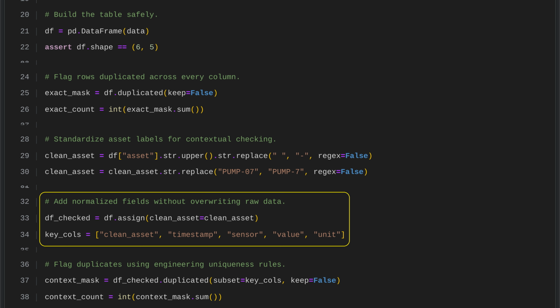Create a checked copy of the original data and add a column with standardized asset labels, so the source data remains unchanged for traceability. Then define the key fields used to detect contextual duplicates, including the cleaned asset label, time, sensor type, value, and unit. These fields set the criteria for identifying duplicate records during cleaning.